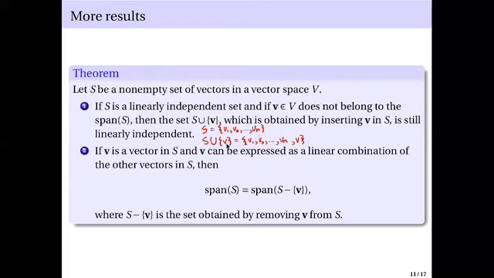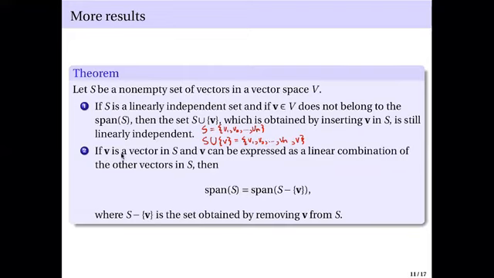Then this set here is still linearly independent. Take note that the vector space V does not say that the dimension is n.